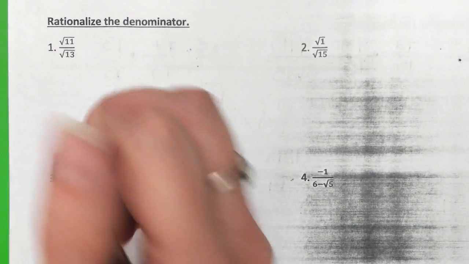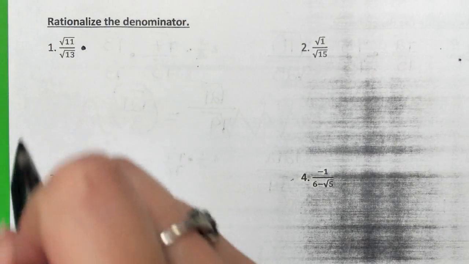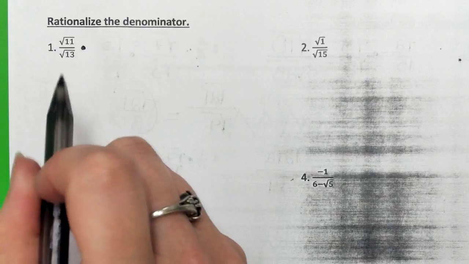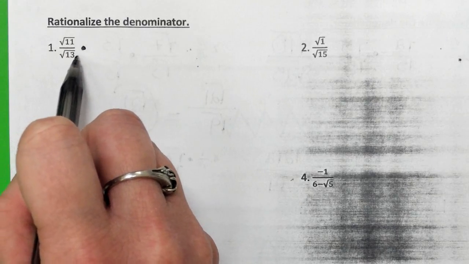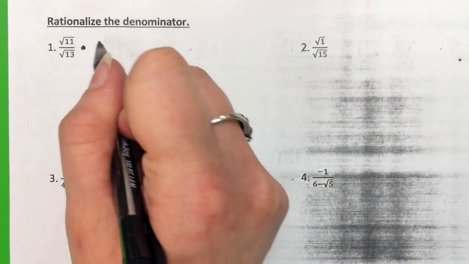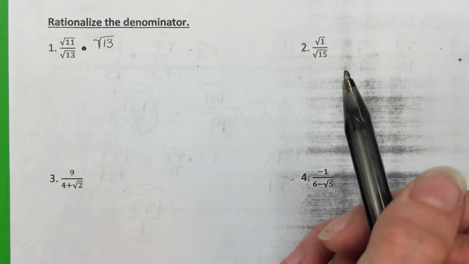What do I do first, guys? Multiply. And what's wrong? What's not right here? The denominator has a what? Square root. So I have to multiply by what I'm trying to fix, which is square root of 13.